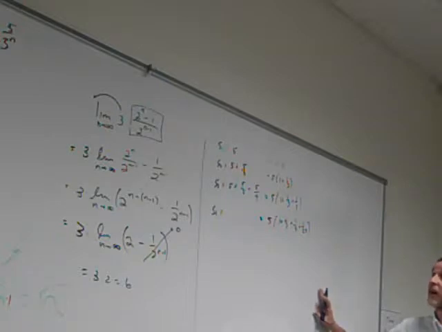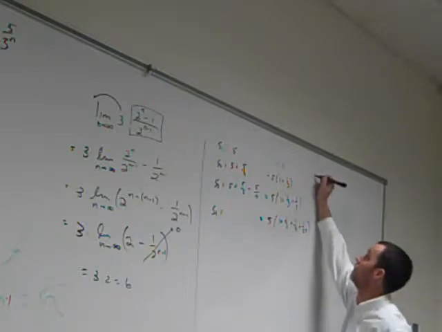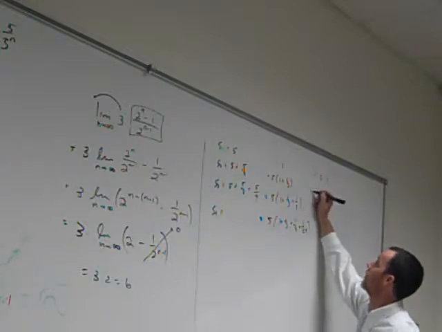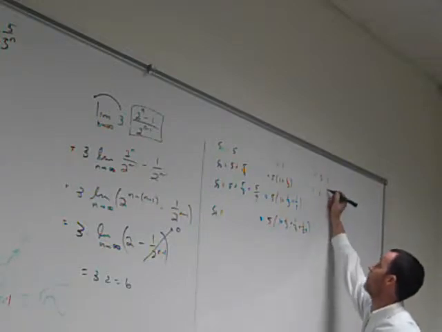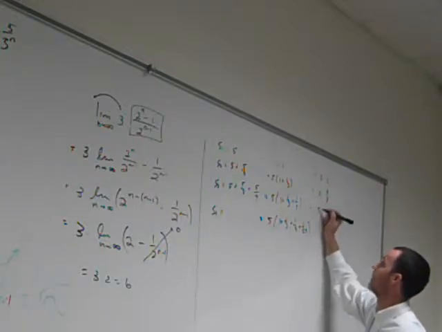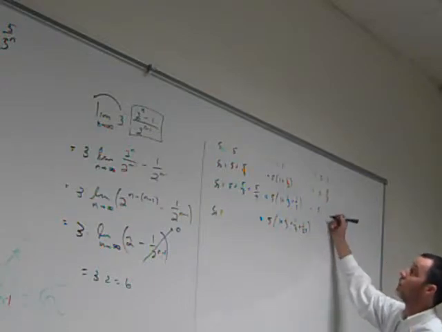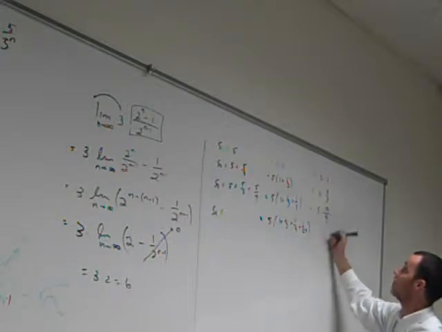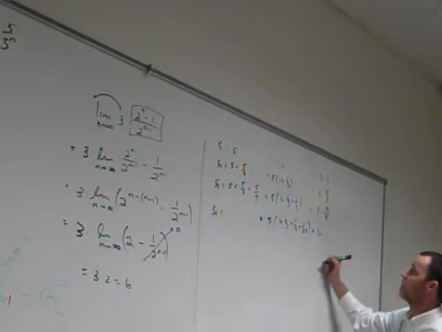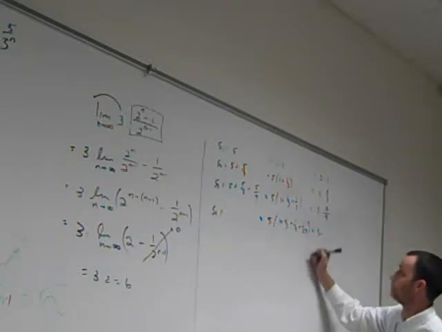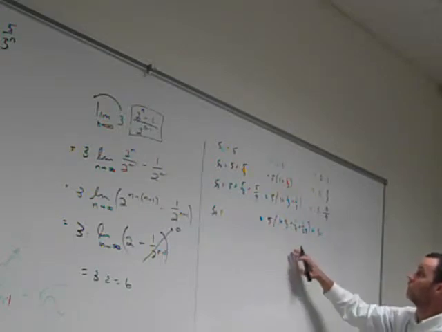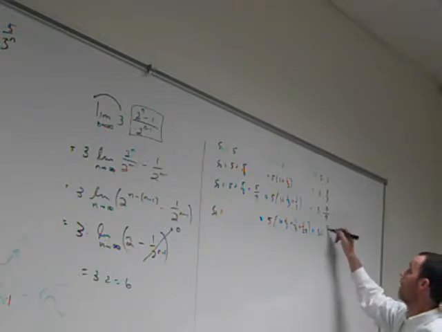That's what I'm trying to figure out. That's 5 times 1. This is 5 times 4/3, right? This is 5 times 13/9. This is 5 times 40/27.